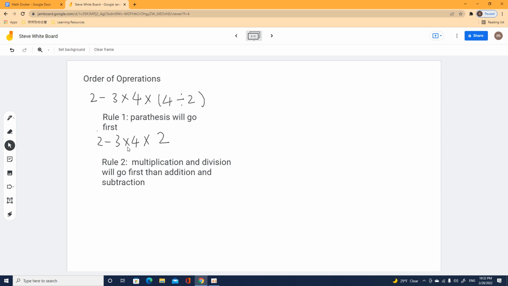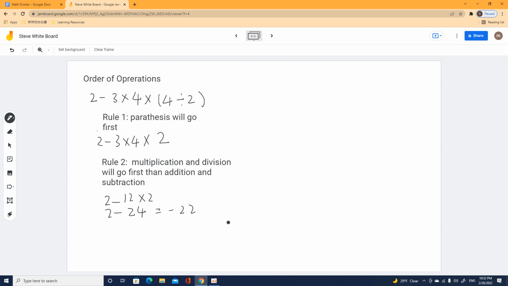But you see here there are two multiplications. So in that kind of scenario, we should calculate the first multiplication first. 3 multiply 4 equals 12. Multiply 2. Then we do the multiplication again. That is 24. The final result is negative 22. Okay, so that's the rule.